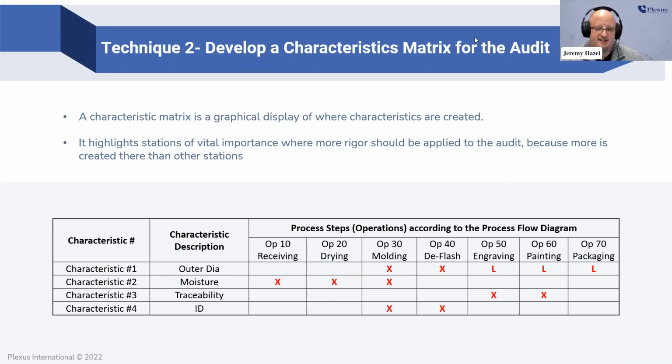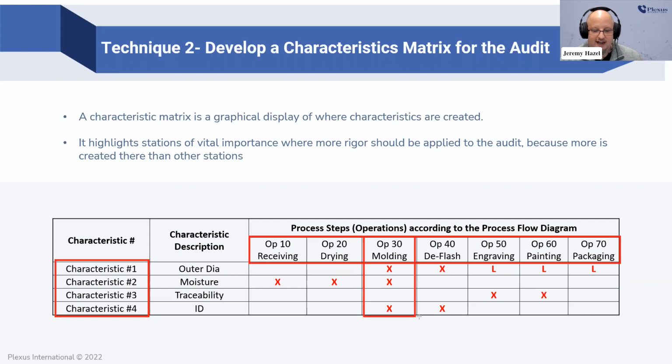The reason I say it is high leverage is that you take the characteristics along one side and the steps in the process along the other side. This allows you to very clearly see where the characteristics are formed. My high value targets are the stations that form the most characteristics or the special characteristics.